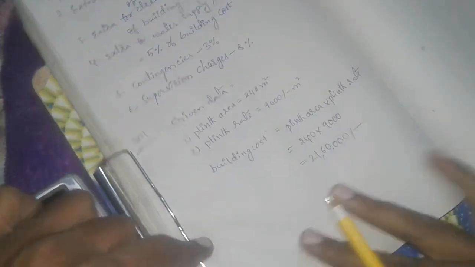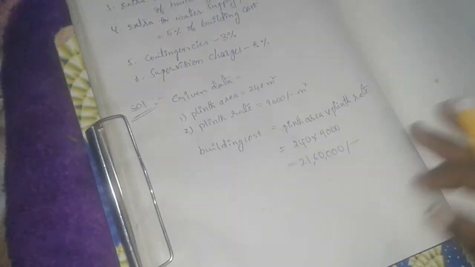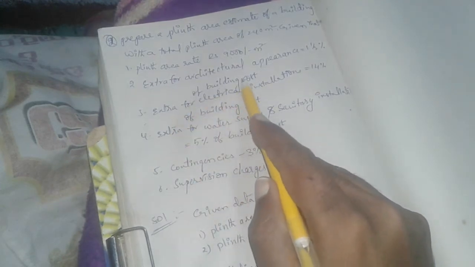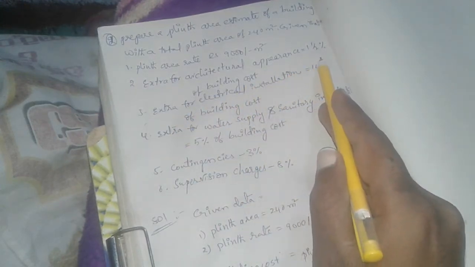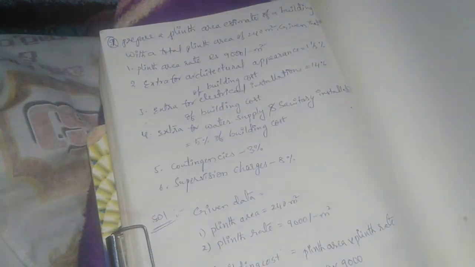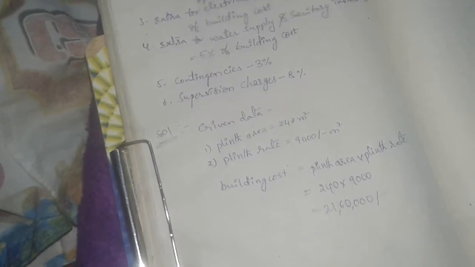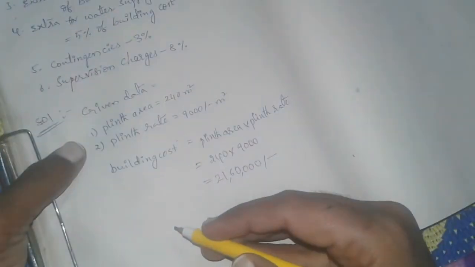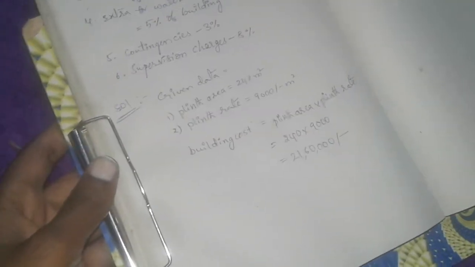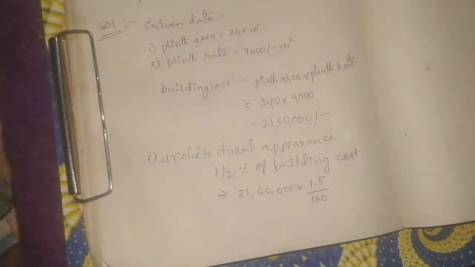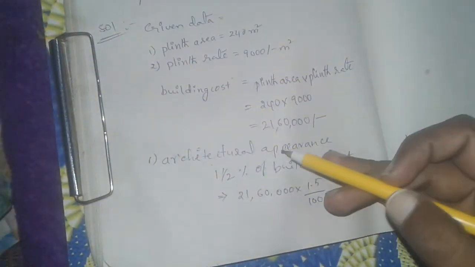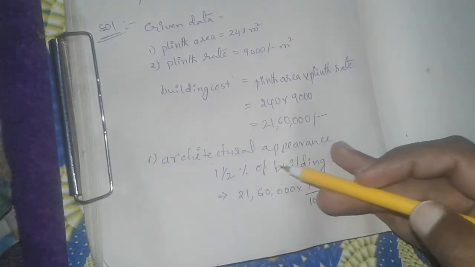Then we have to find all the percentages. First percentage is extra for architectural appearance, 1 by 2 percentage of building cost.